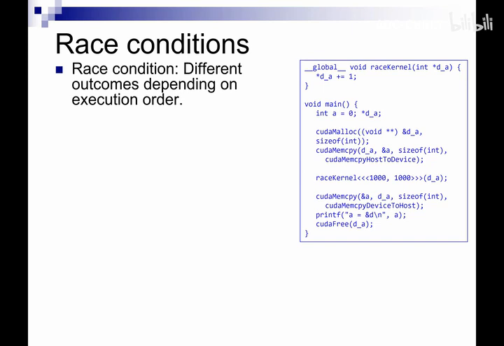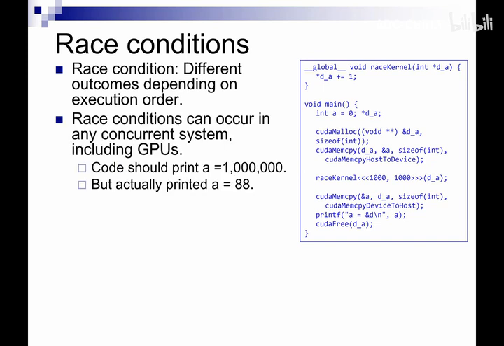settings. So, for example, if we look at the program on the right, this is a GPU kernel, and we have this shared variable called DA. It's a global memory variable, so all the threads in the GPU can access this variable. And what we're doing is we're starting 1,000,000 threads in the GPU kernel, right?